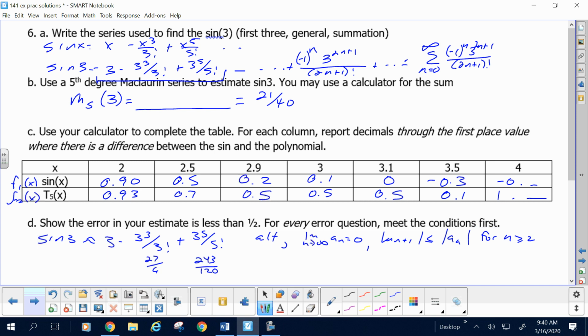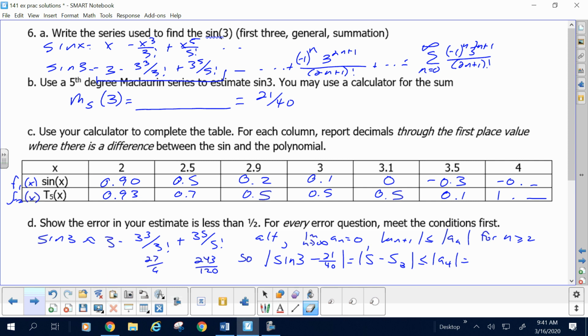That's true. So it is true that the difference between the two true infinite sums, sine of 3, and my estimate of 21/40, which is equivalent to the infinite sum minus 3 terms, is less than or equal to the fourth term, which in the pattern would be 3 to the 7th over 7 factorial, which is still probably a good chunk of error.